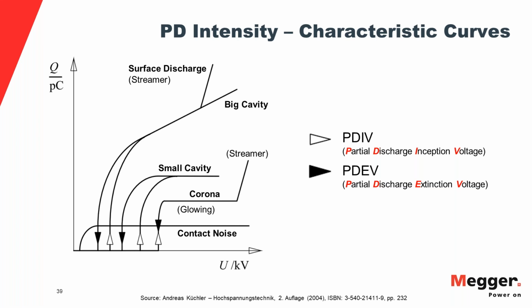There is a so-called hysteresis between the two, so a connection between IV and EV, which is kind of phenomenological, so it's tested, but it cannot really be derived from a set of equations, at least not very precisely. Rule of thumb, what you see in the field, PD extinction voltage is typically between 70% and 90% of the inception voltage.